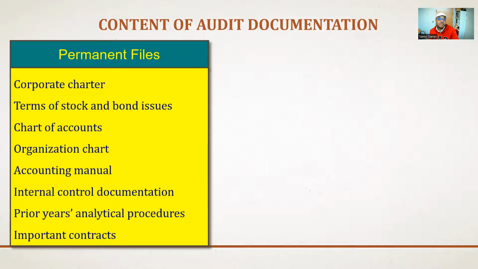The permanent files that we should keep as part of the audit documentation are the corporate charter, the terms of stock and bond issuance, the chart of accounts, the organization chart, the accounting manual, and so on. Those are permanent, which means in any year that we go to audit the client, we should keep a copy of those files with us.